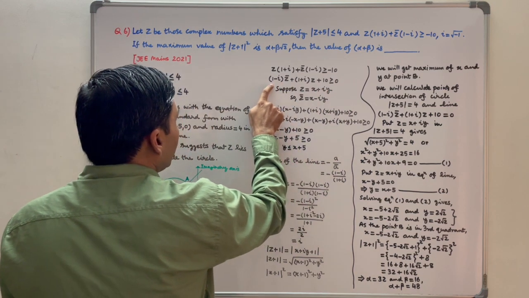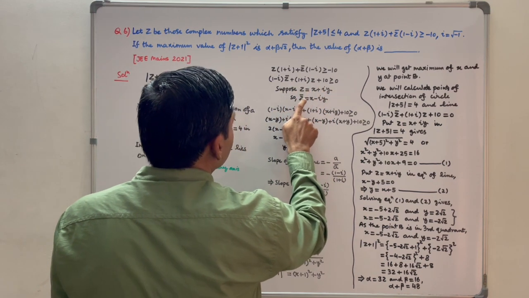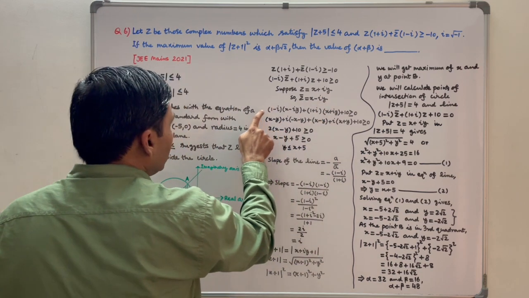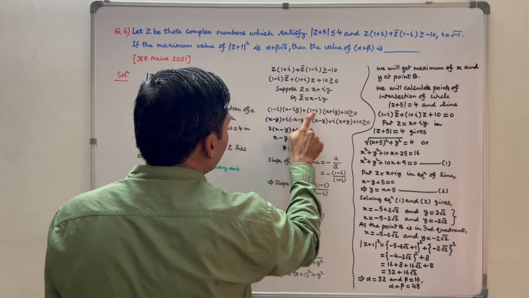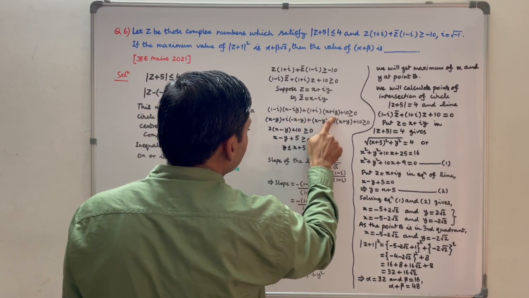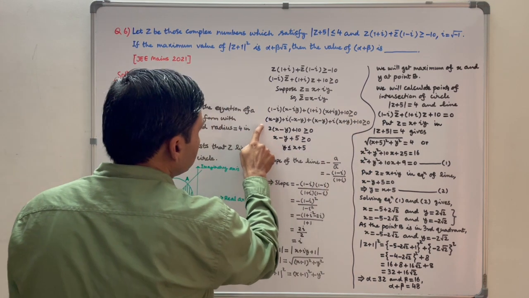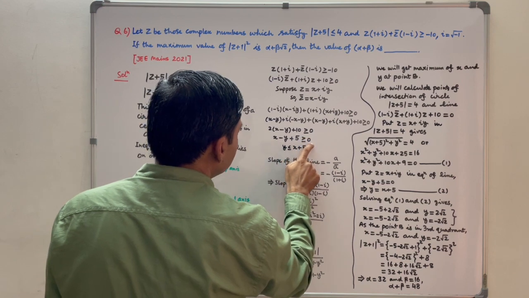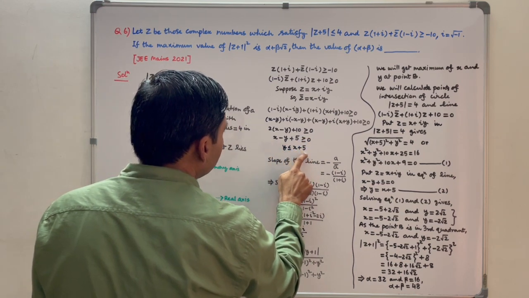To get the idea how this line can be sketched in complex plane, put z is equal to x plus iy. So z bar is equal to x minus iy. So the inequality will be 1 minus i into x minus iy plus 1 plus i into x plus iy plus 10 is greater than or equal to 0, which can be simplified as x minus y plus 5 is greater than or equal to 0, or y is less than or equal to x plus 5.